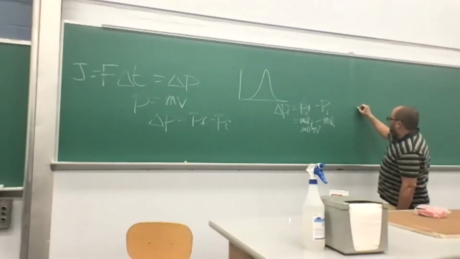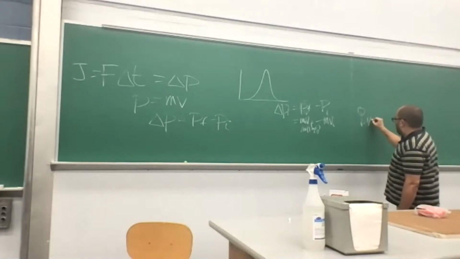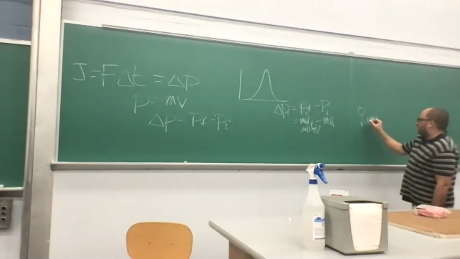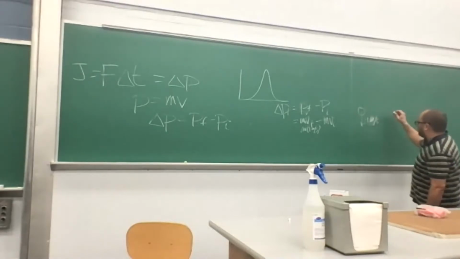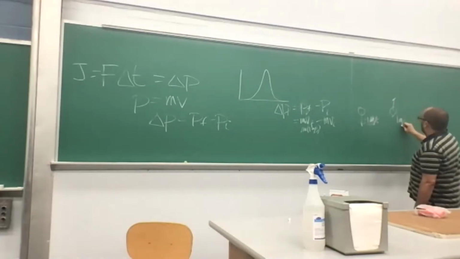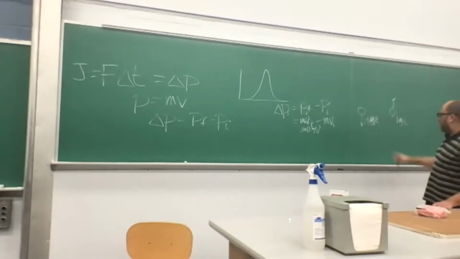So then here's my ball. It's headed downwards. This will be 1 meter per second before the collision, and this would be minus because it's headed downwards. And then when it's going up, right, the bouncy ball will be about 1 meter per second, right?